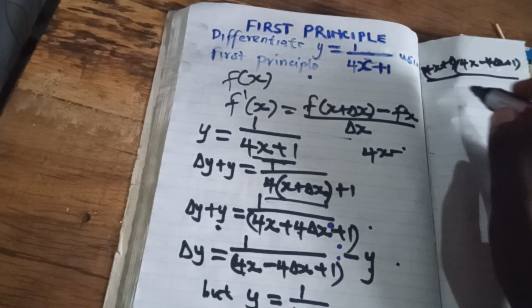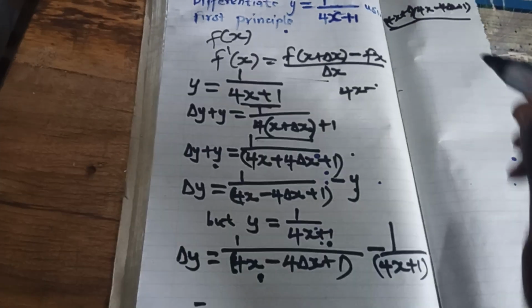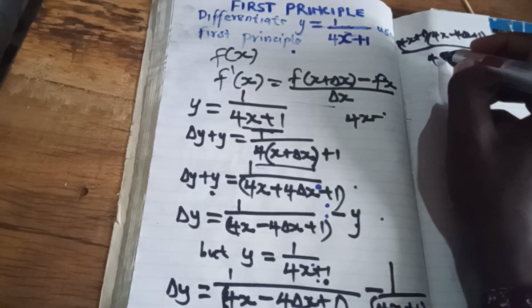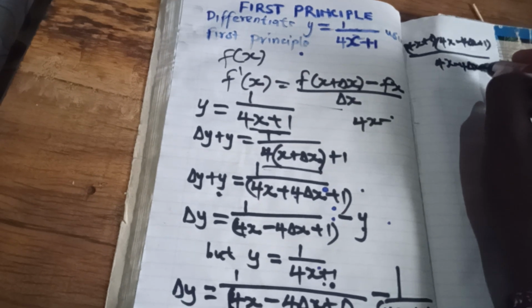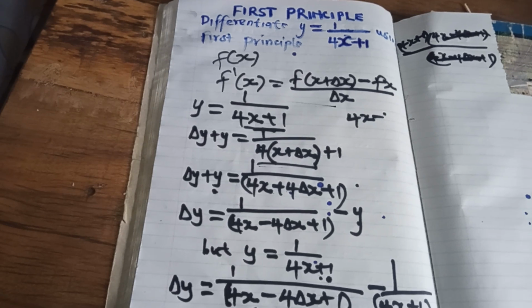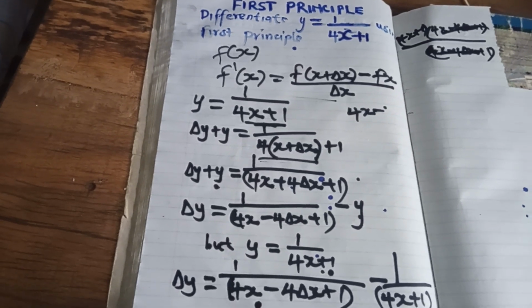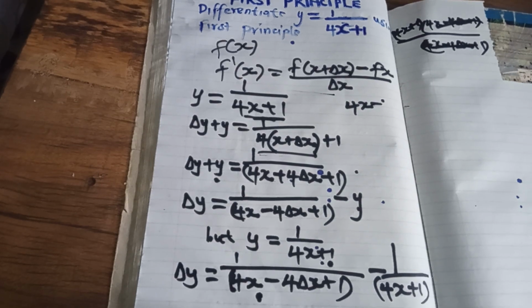When we divide with this one, we will have 4x plus 4 change in x plus 1. So this one cancels out with this one. We remain with 4x plus 1. So we shall have 1 multiplied by 4x plus 1.